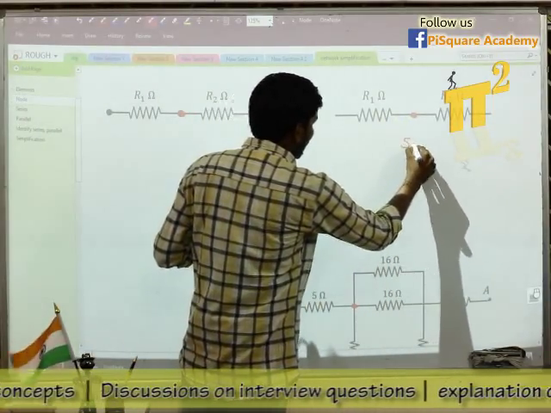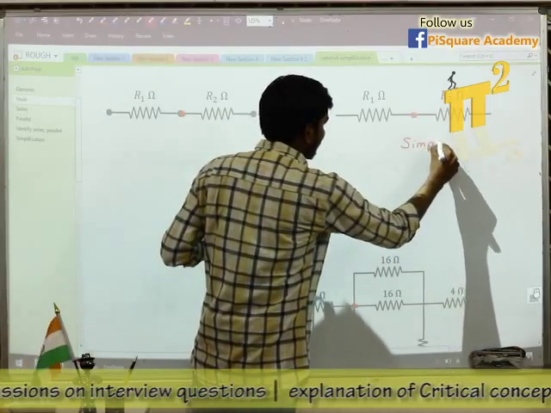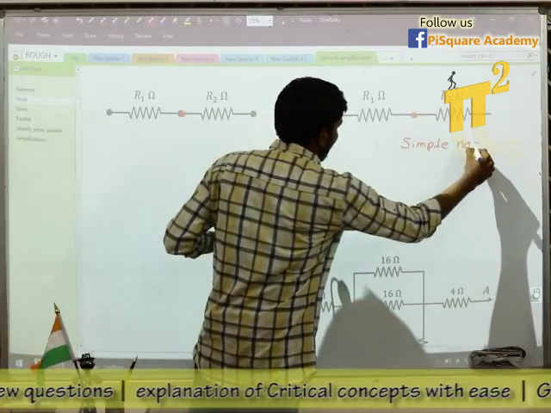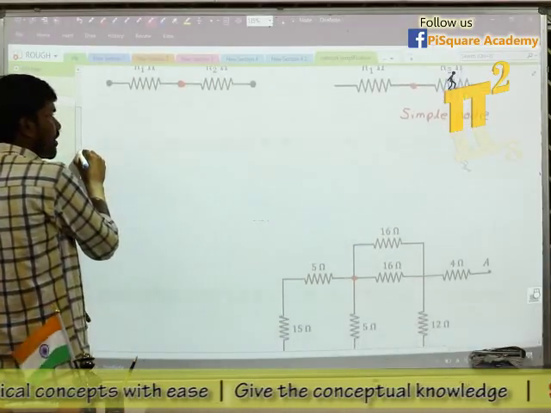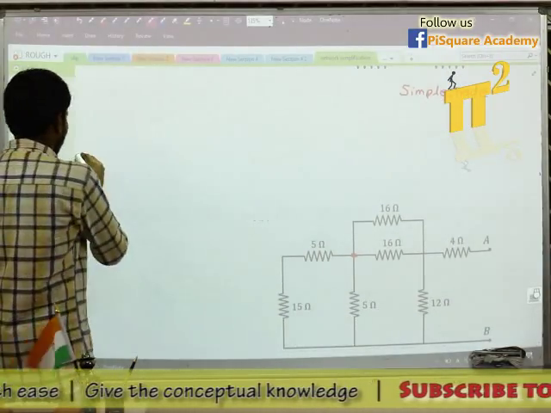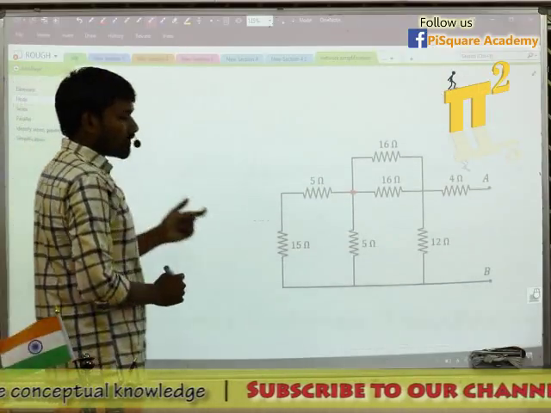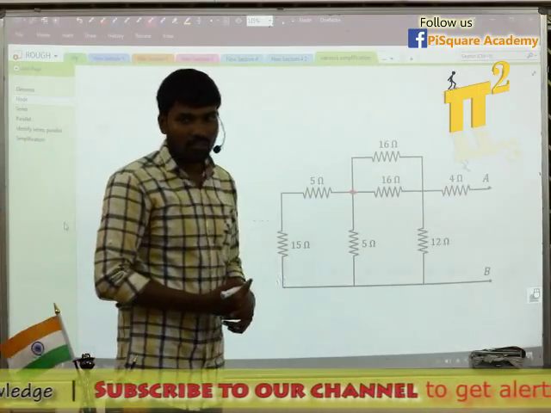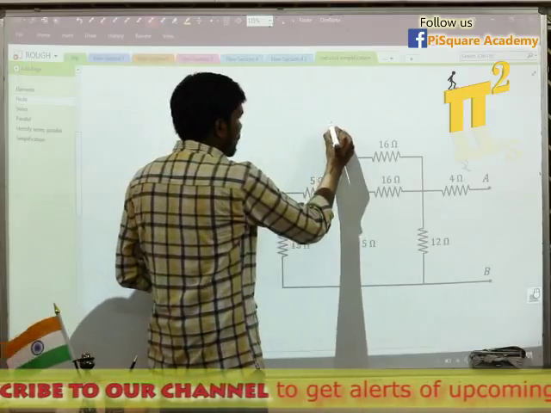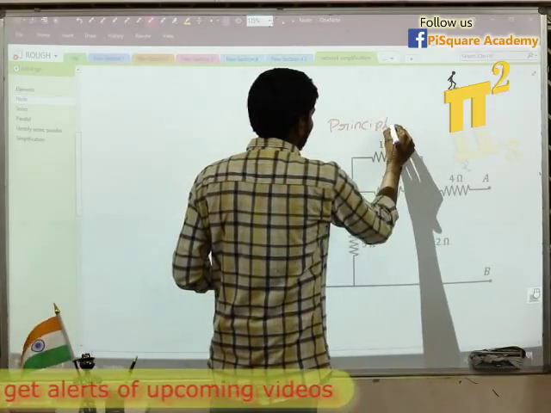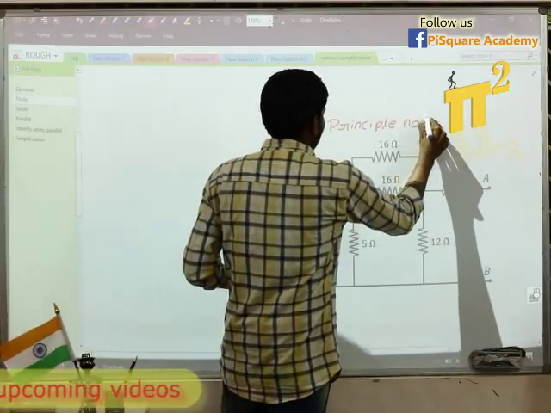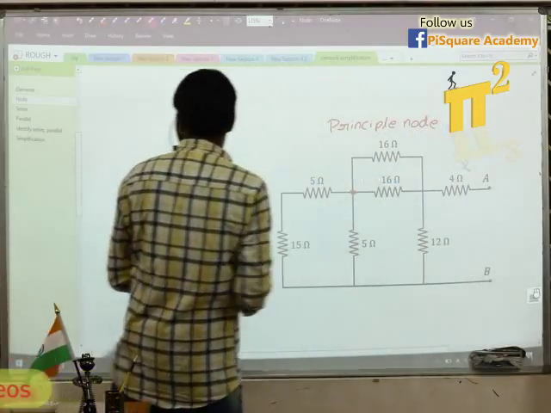This is called a simple node. If only two elements got connected, we'll call it a simple node, but it is a node. If more than two elements got connected, we'll call it a principal node. But both are nodes.